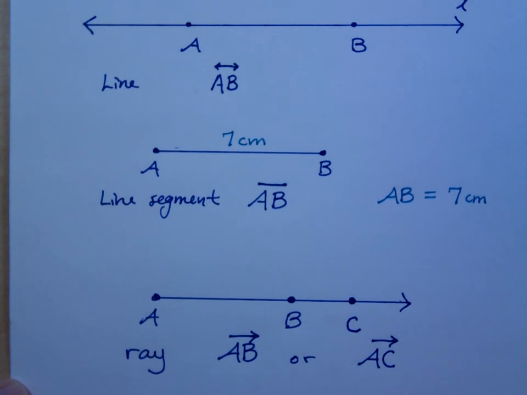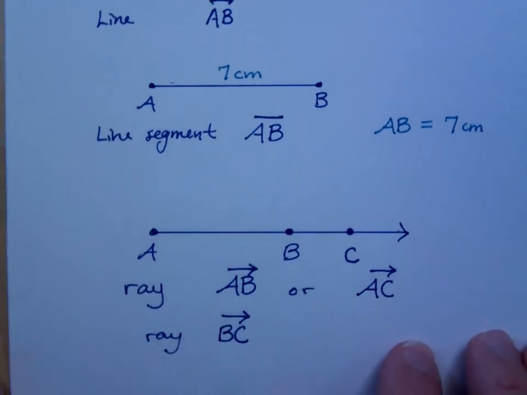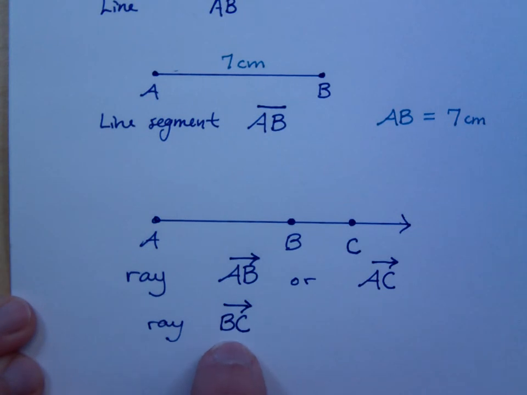But you'd have to be careful, because what if I write this? What does this ray mean? Ray BC means that the endpoint is what? No, the endpoint would be B. And it goes forever in the direction where C is located.